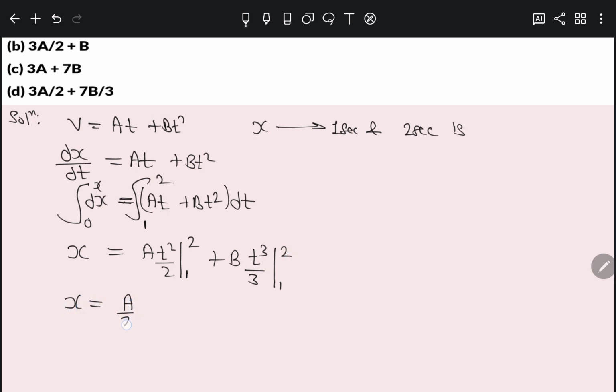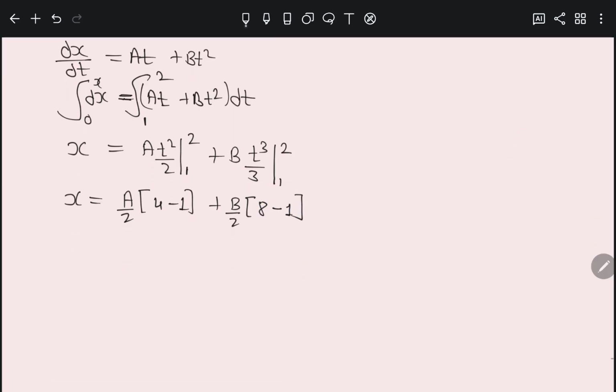That is a by 2 times (2 twos are 4 minus 1), plus b by 3 times (2 twos are 4, 4 twos are 8, minus 1). So x is equal to 3a by 2 plus 7b by 3.